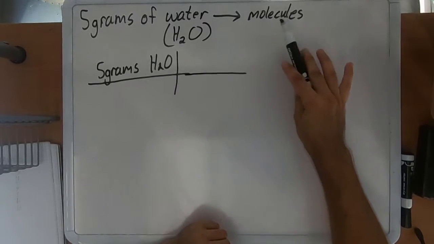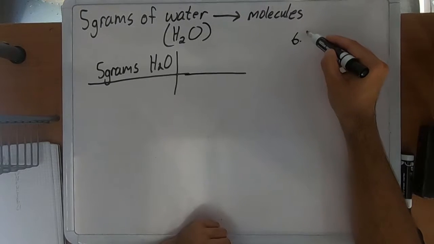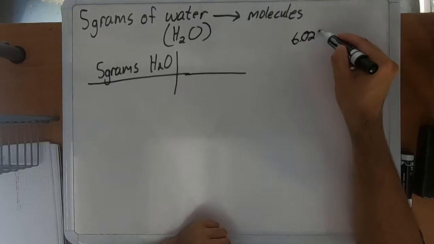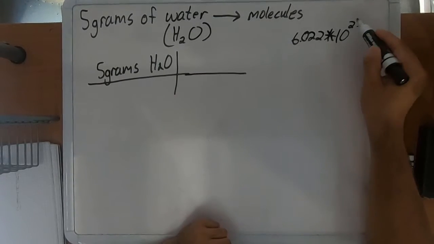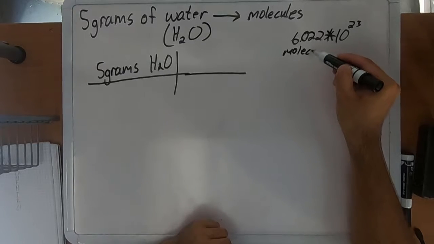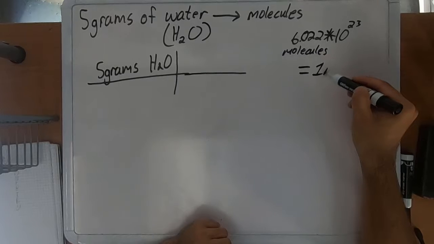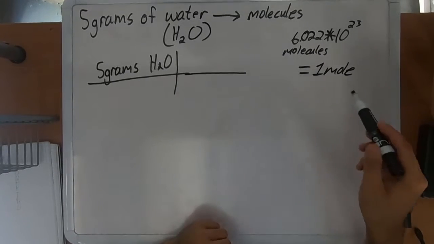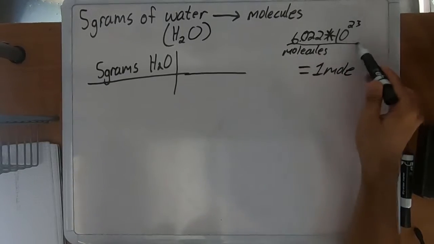So if we remember Avogadro's number, 6.022 times 10 to the 23rd molecules, 1 mole. Remember what the mole was. A mole is this much of anything.